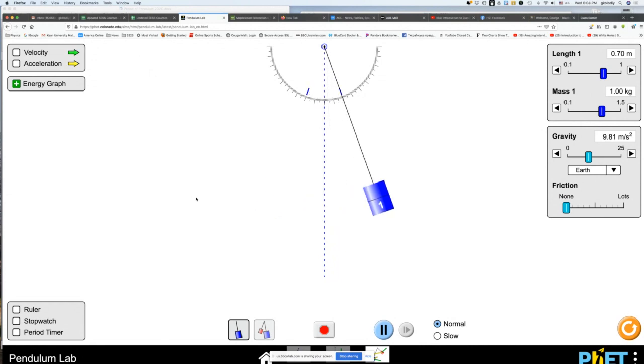The time for one swing is called the period. Normally, you find the time for one swing. There is a stopwatch here.